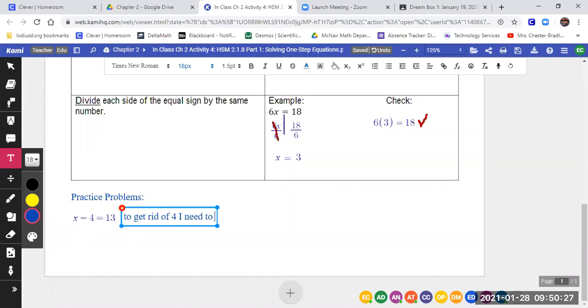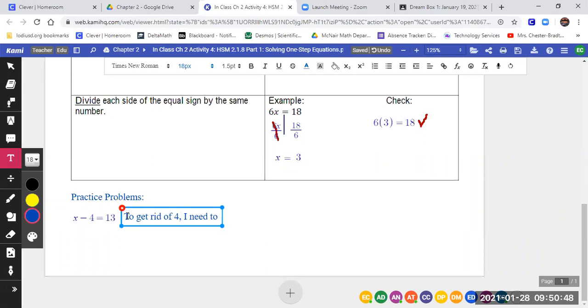That's what you're answering. To get rid of the 4, I need to what? Remember, we have to do the opposite of what we see. So what are we going to have to do?